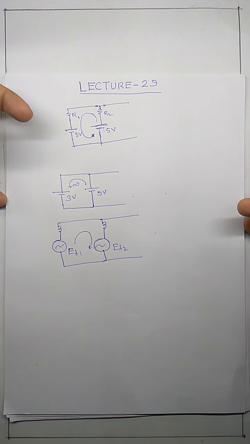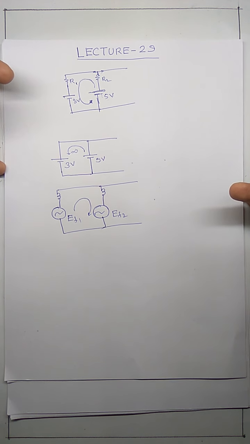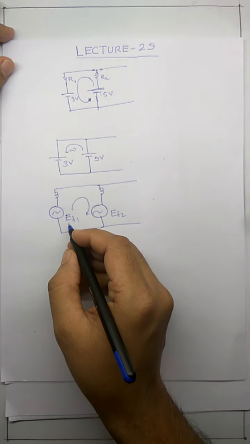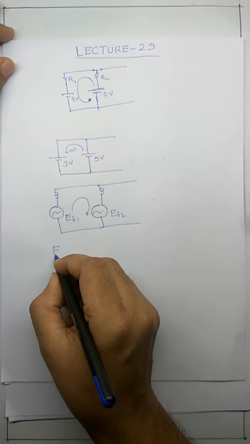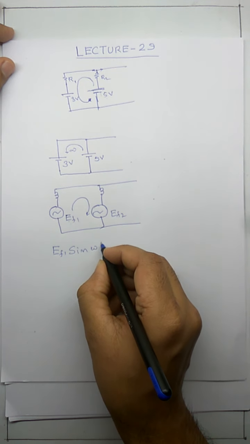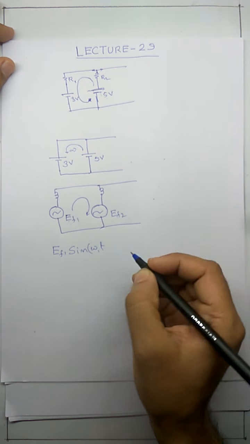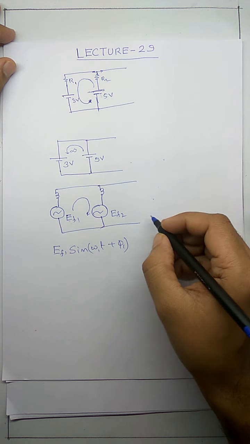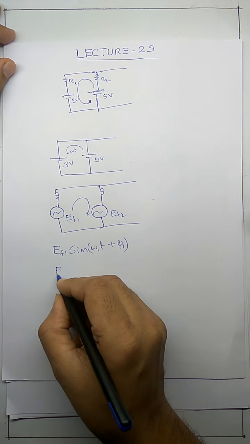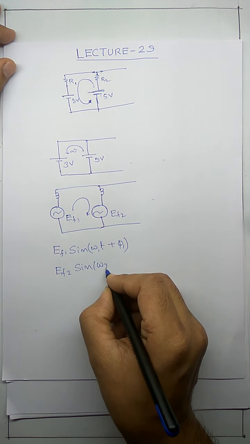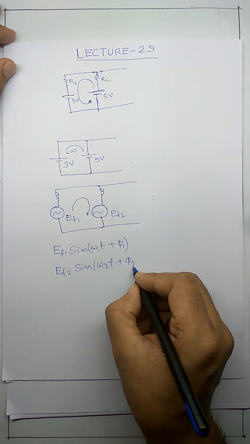Now when we say this for an AC source, when we say that two voltages are the same, say this voltage is EF1 sine(omega 1 t plus phi 1), and this voltage is EF2 sine(omega 2 t plus phi 2).